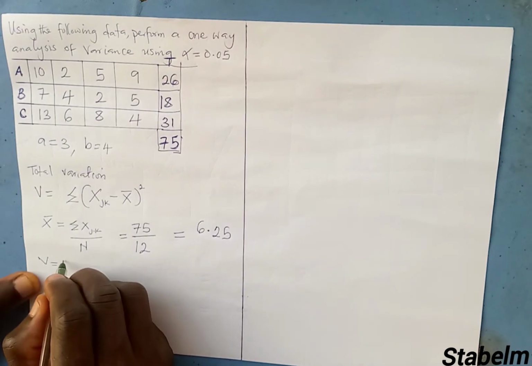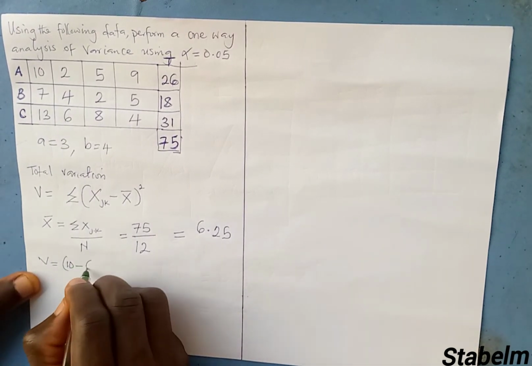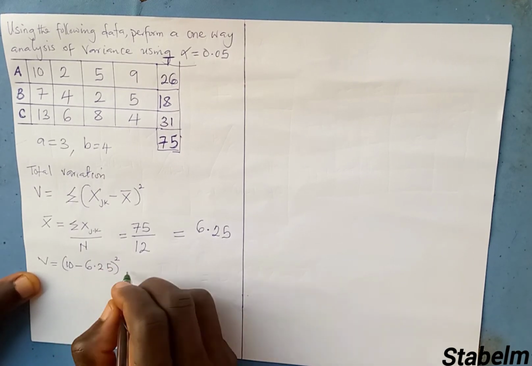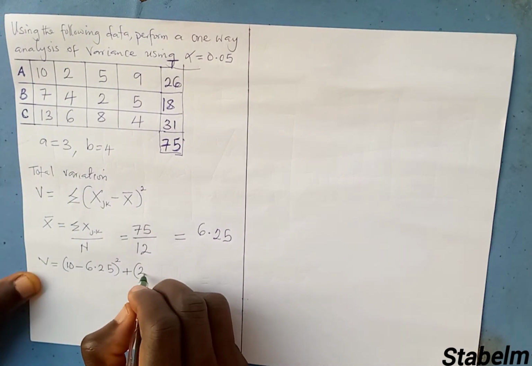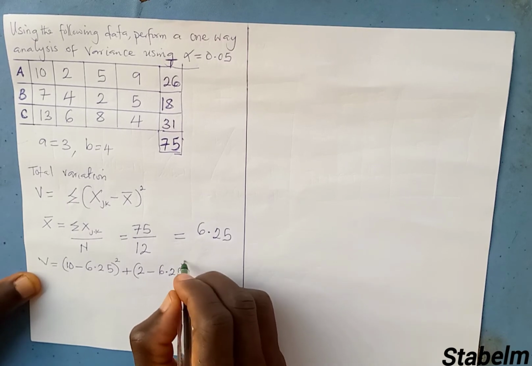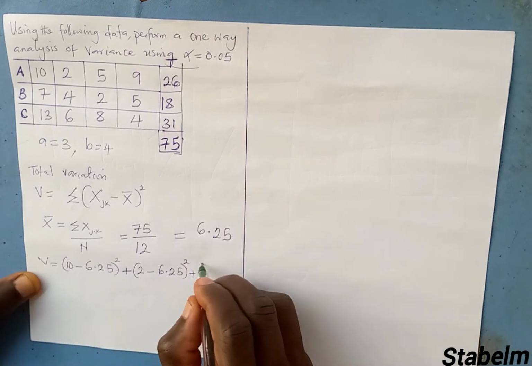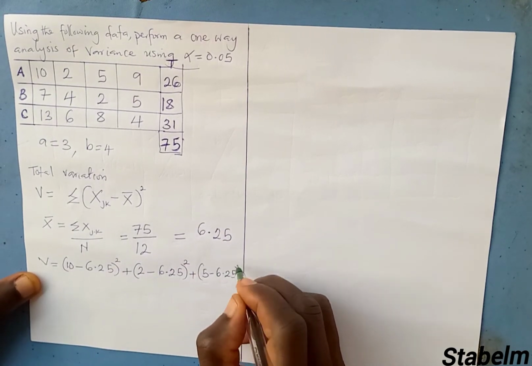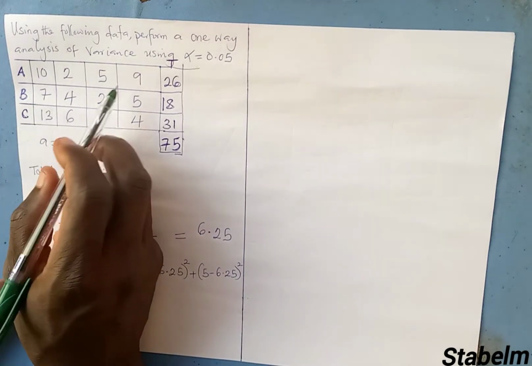So we have into bracket 10 minus 6.25 raised to power 2, plus the next value here, 2 minus 6.25 raised to power 2, plus the next value here, 5 minus 6.25 raised to power 2, plus the next value, which is 9.